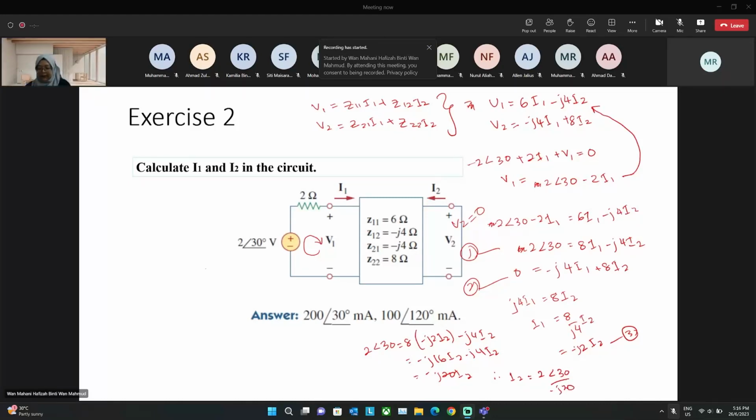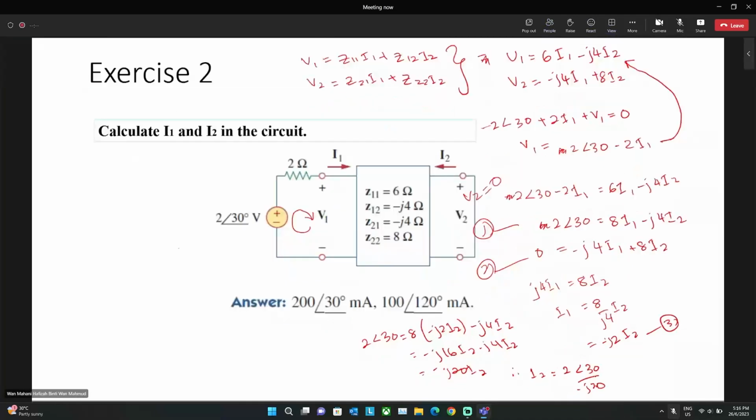So finally you boleh dapat I2 sama dengan 2 angle 30 divide with minus J20. So you akan dapat I2 sama dengan 0.1 angle 120 ampere.